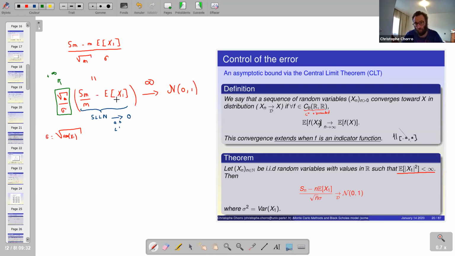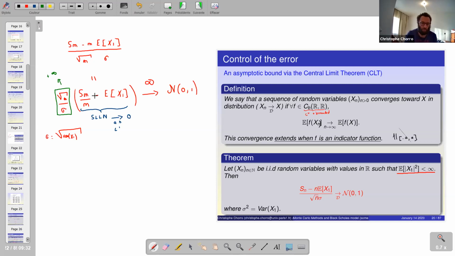So I have a form that is undetermined, in the classical sense. But if I multiply this quantity, I have the convergence of this product towards something.